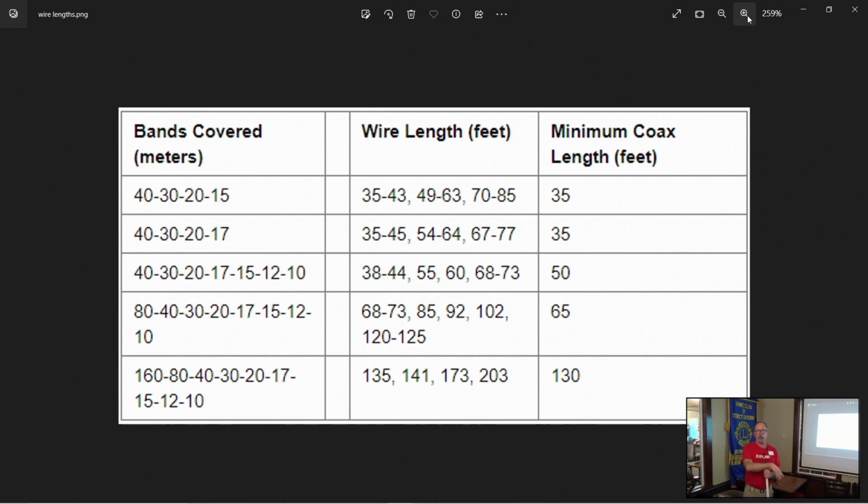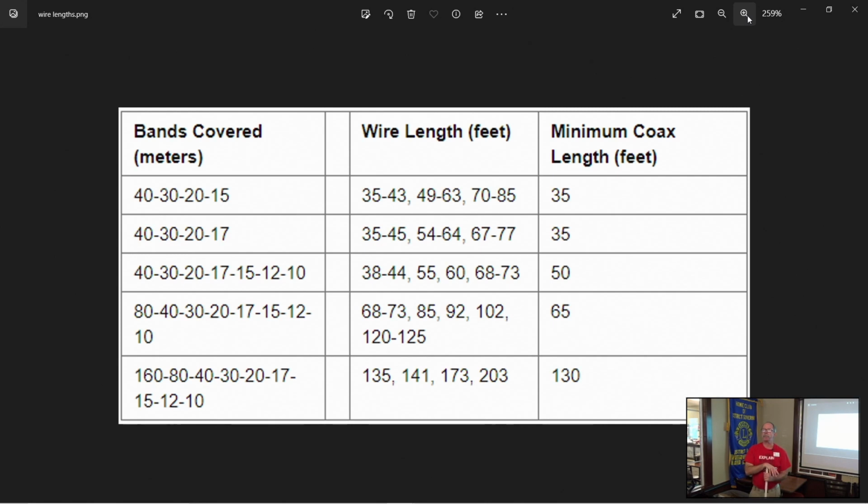I went with trying to get around 450 ohms at the feed point, and I have a 9-to-1 balun, gives me about 50 ohms. I say about, you still need a tuner, especially if you're going to work all the bands. But that gets you in the ballpark, so you don't have as much loss on the coax, and the tuner doesn't have to work as hard, and you get more bandwidth.